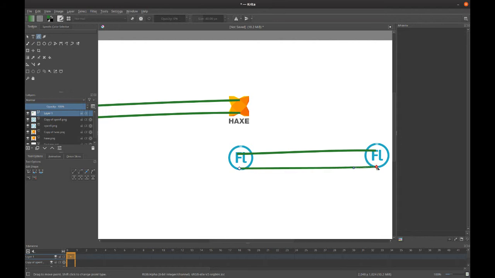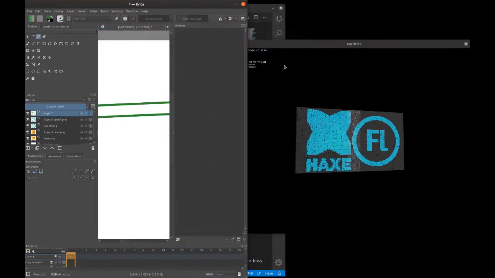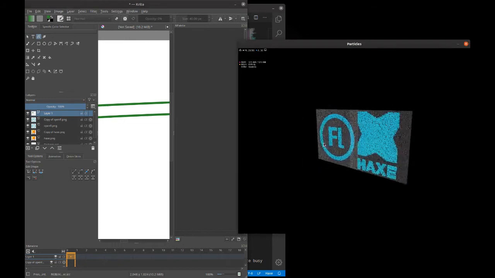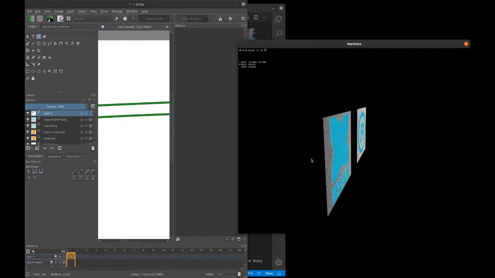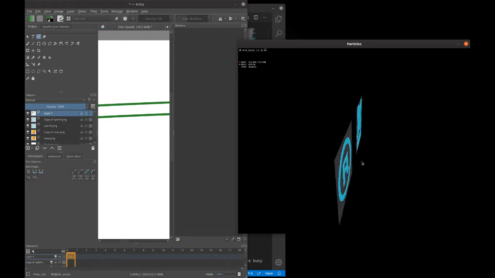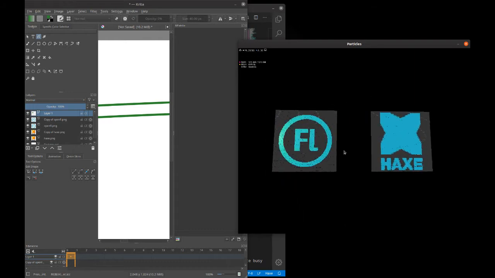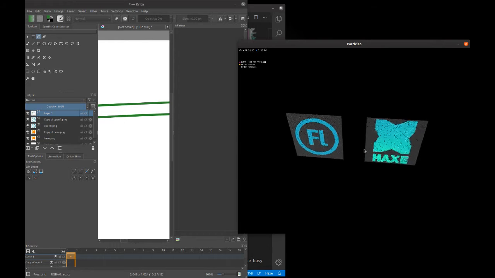So what's currently going on now, if I were to put this over here, you would be able to see two images just sort of sliding past one another. And this is because I removed some randomness.